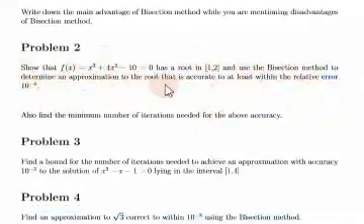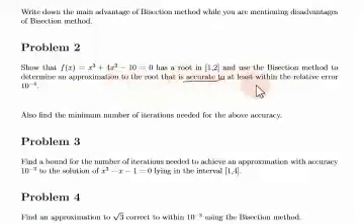Just notice this bit here: determine an approximation to the root that is accurate to at least within the relative error 10 to the minus 4, right? Okay, let's do that.